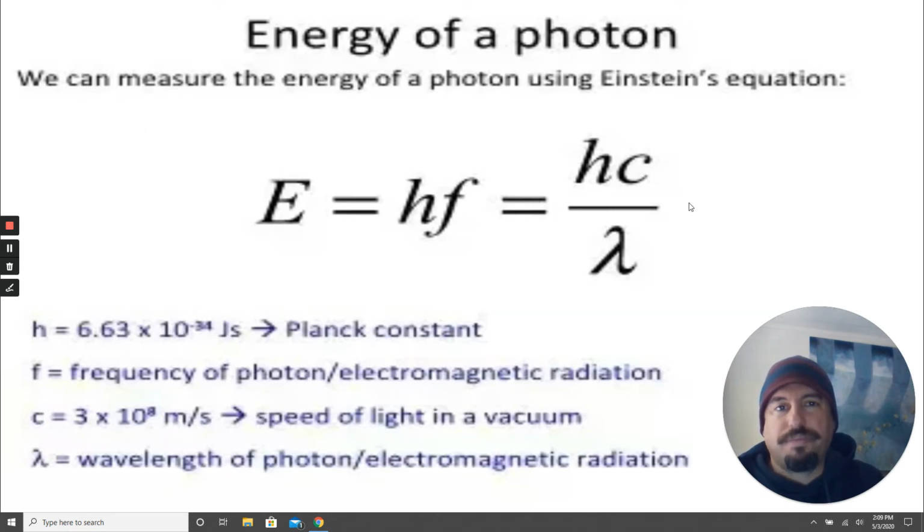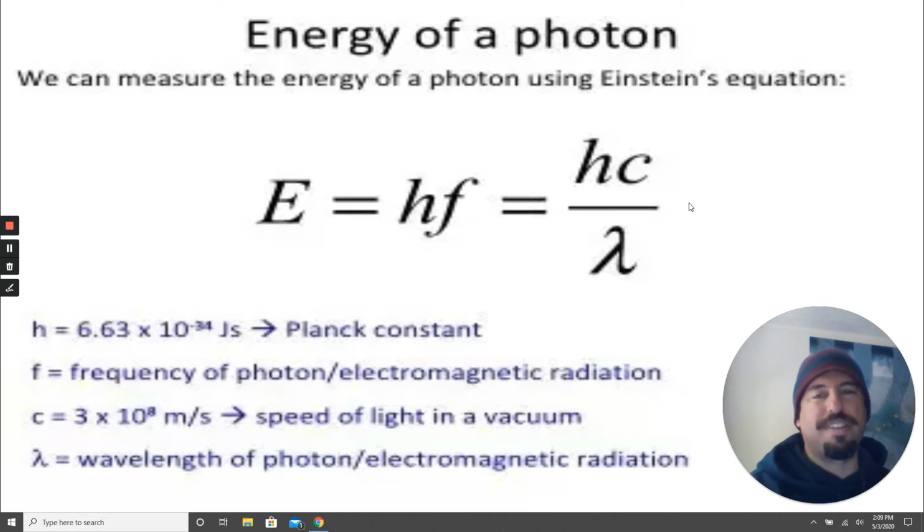Okay. So, last section, which is actually what I think is one of the coolest parts about this. The energy of a photon has a unique equation. It is h times f, which is the frequency. H is a constant. It's this constant here.